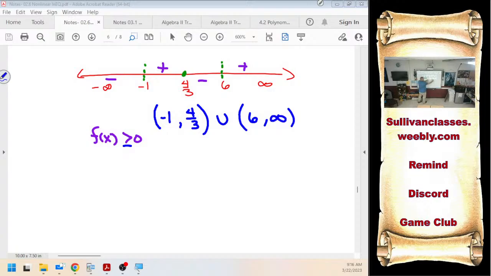But these two are going to stay parentheses because they're asymptotes, and I can't touch asymptotes. This becomes a bracket, but the others will stay parentheses because you can't touch asymptotes, and that's why I do my number line like this, showing the difference between asymptote and x-intercept. Okay? Yes, no touchy.